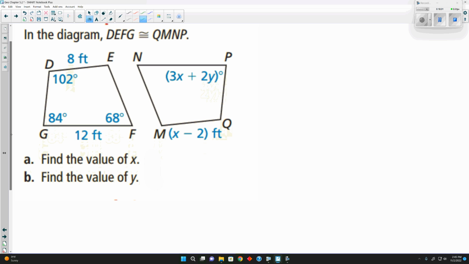So we have another one here. They want us to find the value of x and y. So we can match this up here. So angle D and angle Q match up. E and M, which means N and F. And lastly, G and P. Now that does tell us that 3x plus 2y is what?